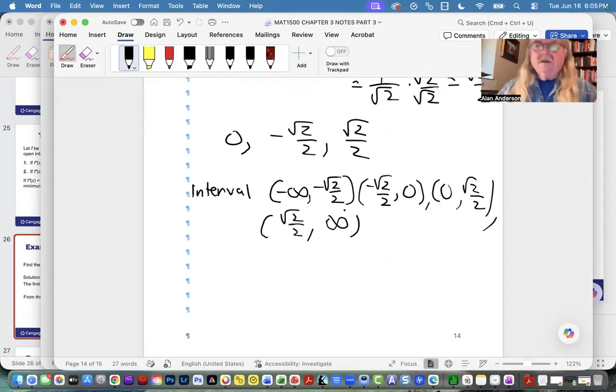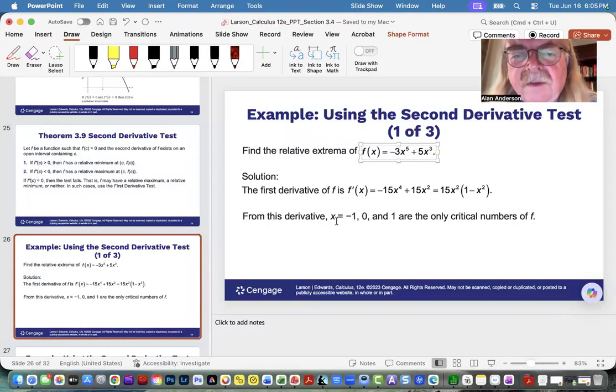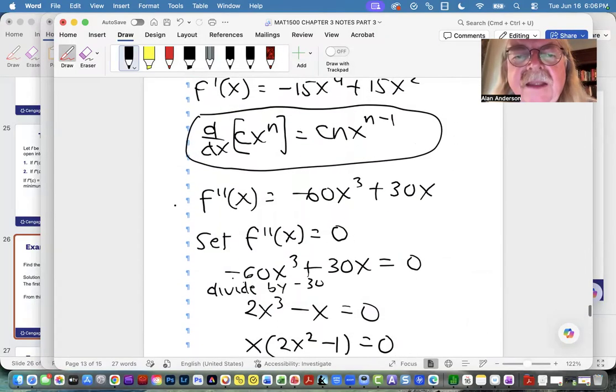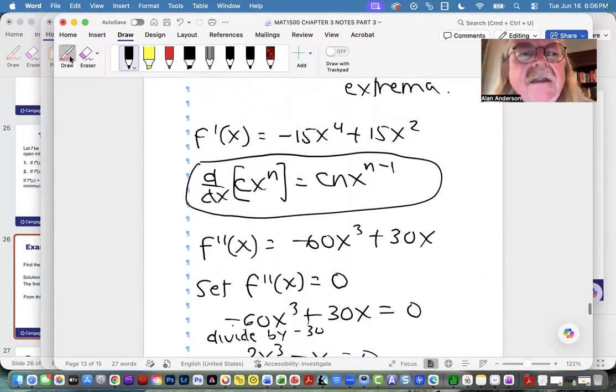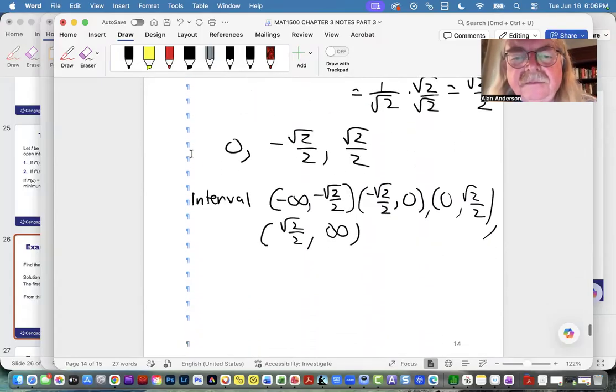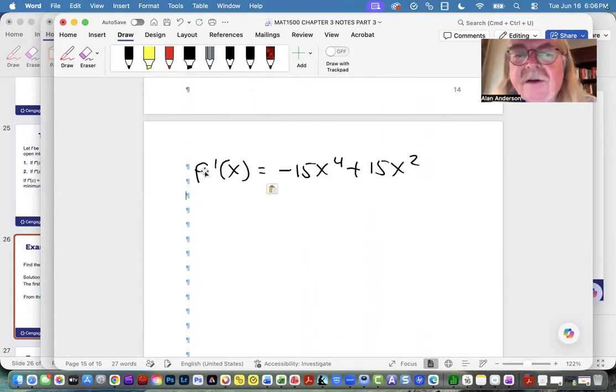So then, of course, what you're going to do is check. Wow, this is a messy one. Something's not right. Here, you know what they wanted us to do? They're not having us check the intervals for the second derivative. They simply wanted us to find the critical values. So this part wasn't necessary then. They wanted us to take this, because they're only interested apparently in the critical values or critical numbers.